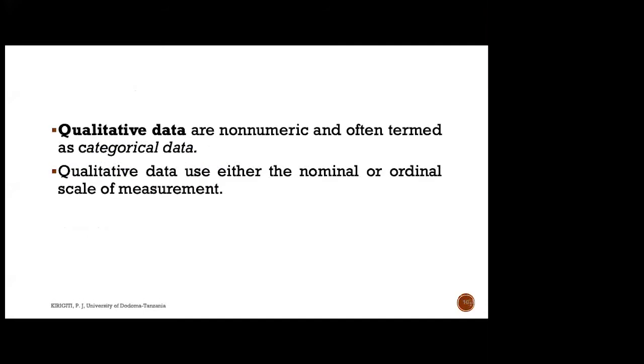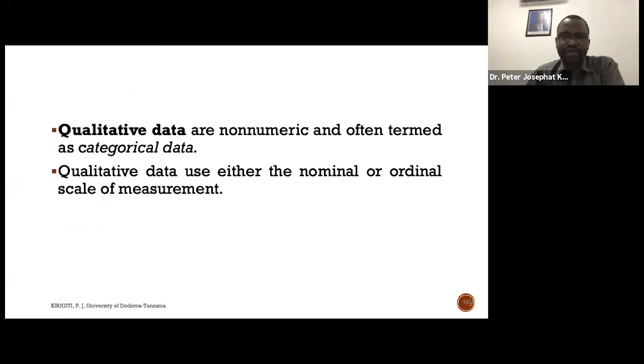Okay, then we have the qualitative and the quantitative. For qualitative, we can have a nominal or ordinal scale of measurement. Now, it is very important to know that the plan for analysis also depends on what type of measurement scale the data has. So normally for qualitative, we have a nominal or ordinal measurement scale.